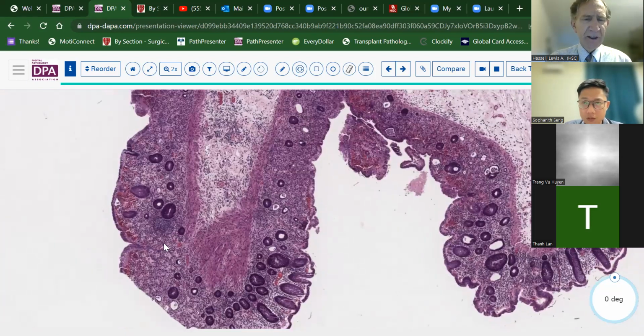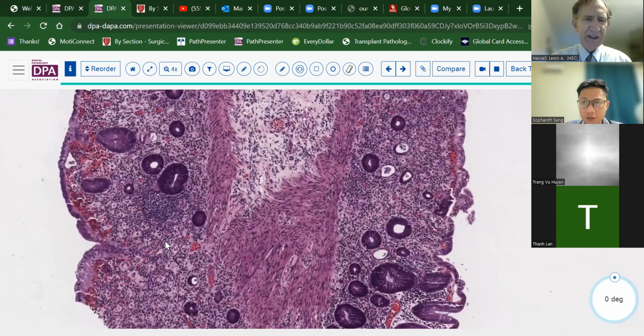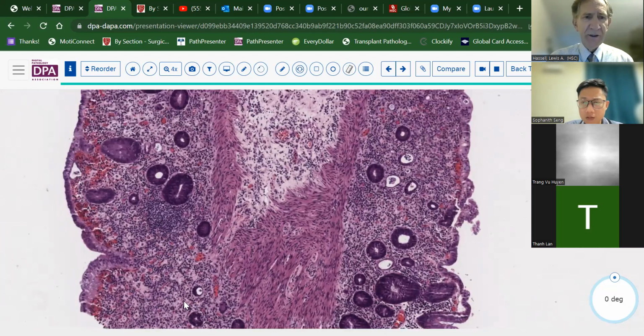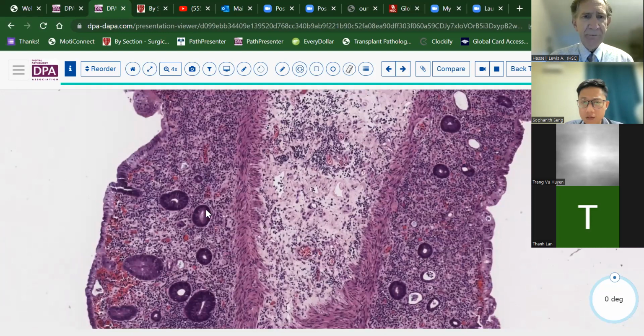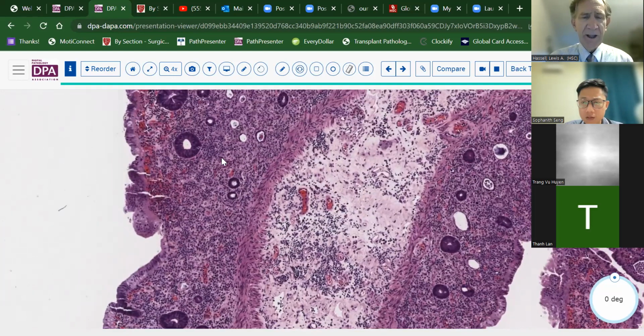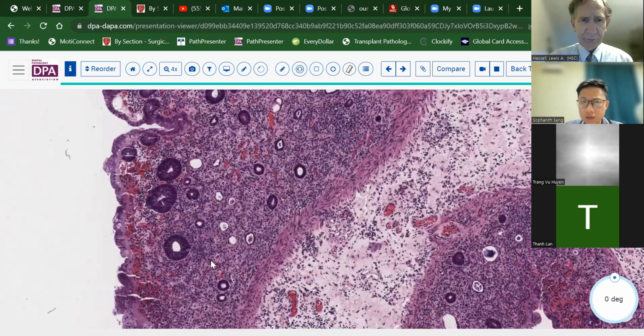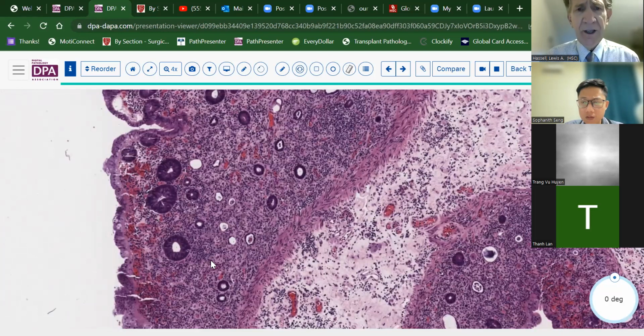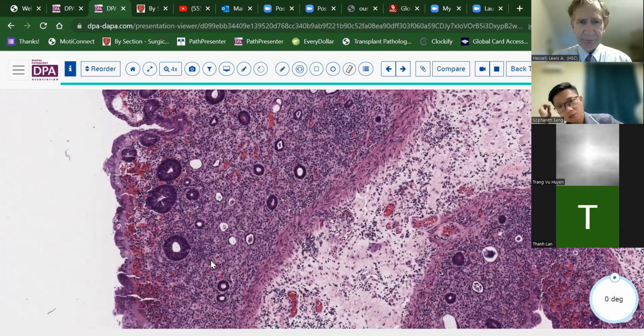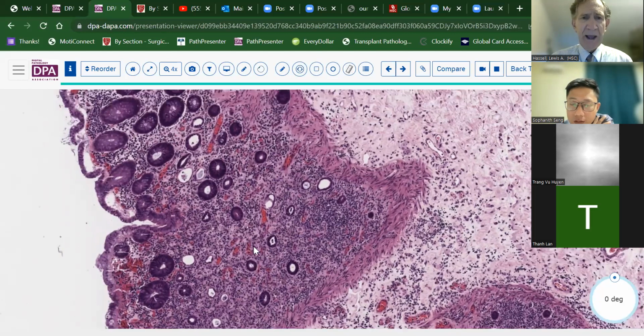So as you look at this, you'd think, is this an infectious process because they're immunosuppressed, or is this some other sort of drug-related change? Now we know that many of the currently widely used immunotherapy agents can produce a variety of inflammatory changes in the bowel.